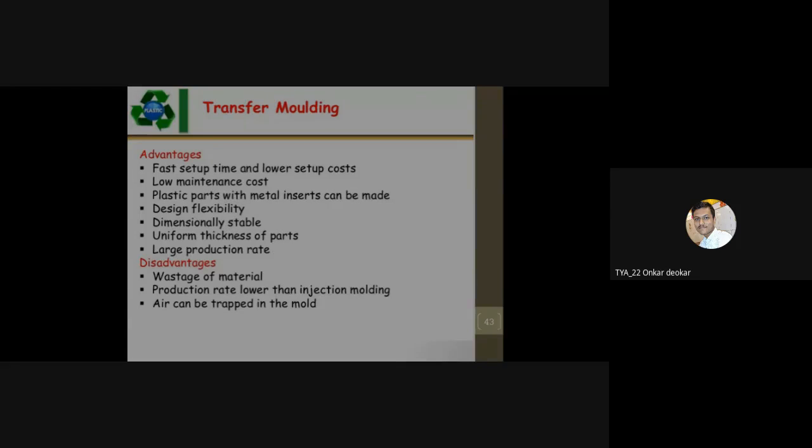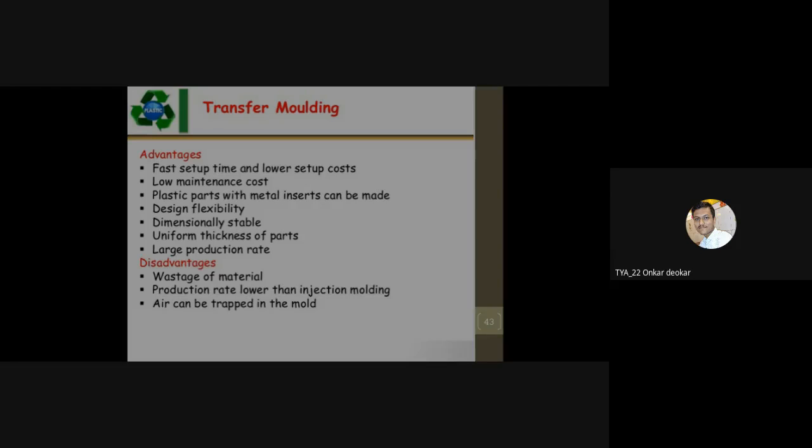We cannot ensure that the material which is in close contact with the plunger surface or the ram surface will feel a high pressure, and the points which are far away from the plunger will feel a low pressure. That doesn't happen mostly in the case of transfer molding. Large production rate, as I told you, there are separate sections so that once the material escapes from the transfer pot, you can once again fill it.